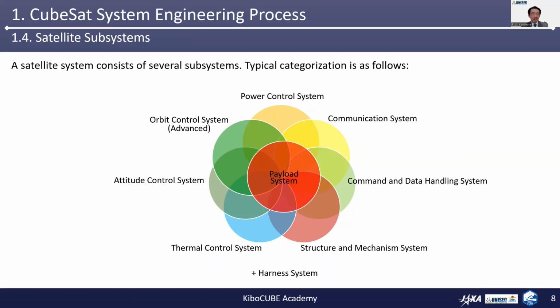For the satellite system integration, it is very important to understand the interfaces between these subsystems and their components. As I already mentioned, all subsystems except the payload system are denoted as the satellite bus system. It is also very important to understand the relationship between the payload and the bus system.